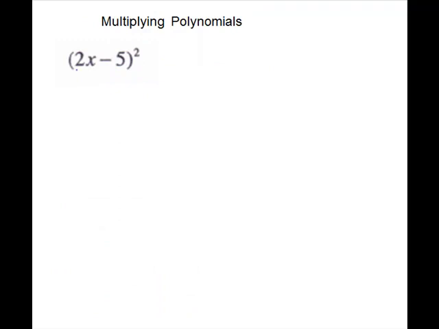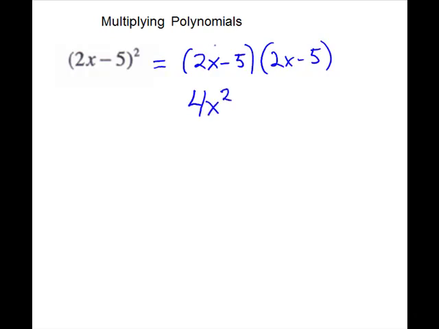For our next problem, we are squaring a binomial. I would just write it twice and do FOIL. So it's 2 copies of the whole thing. And then you would do the FOIL, which will give us 4x squared on the first terms.